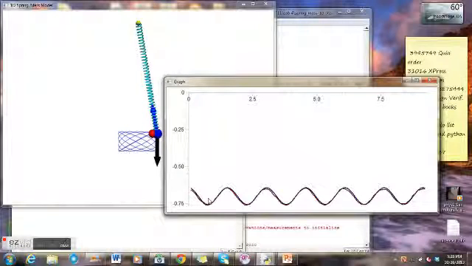Here is a graph comparing the experimental position to the model position. The red experimental position is fairly consistent with the blue model position. However, there are various deviations.